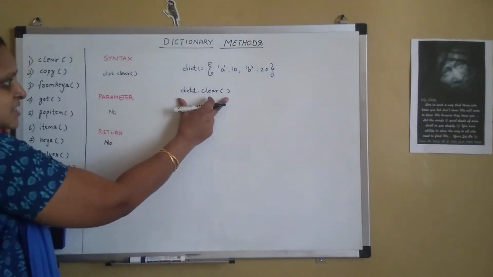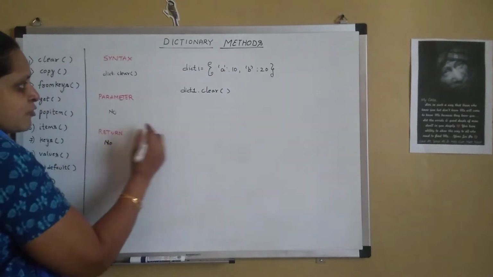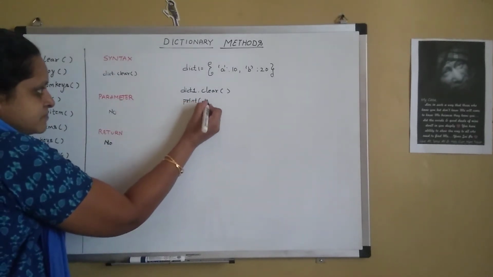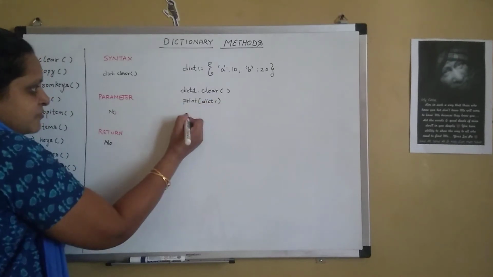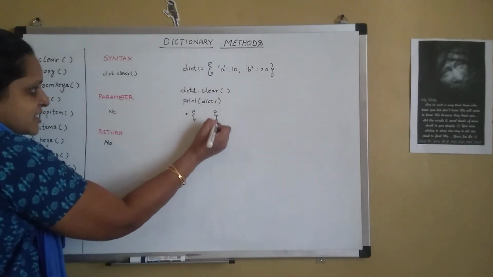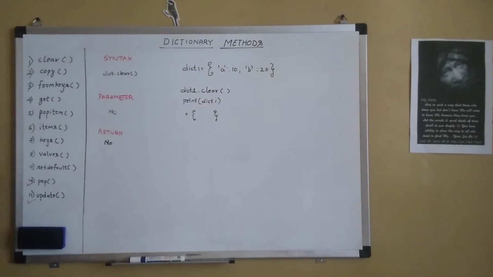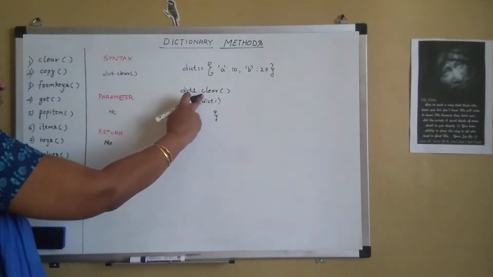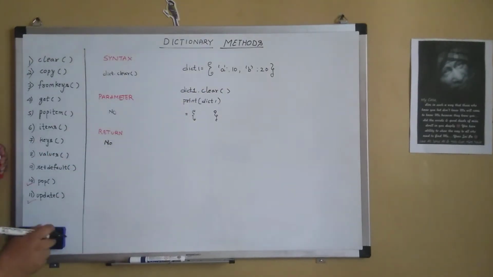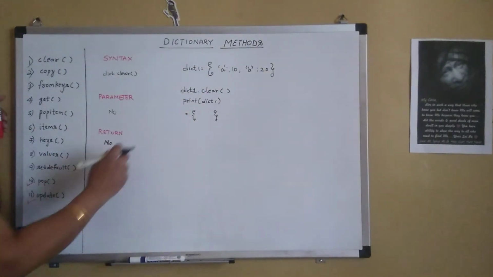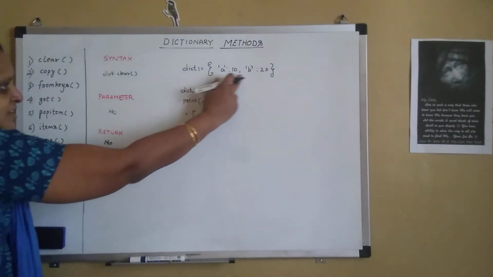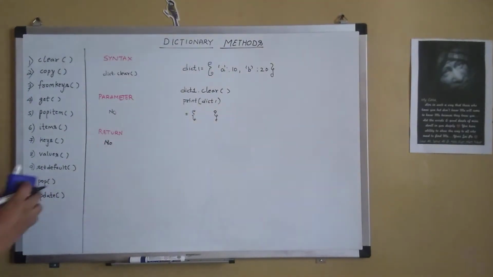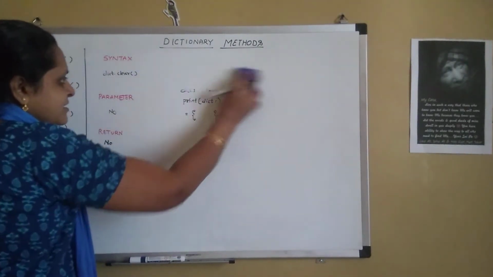When I give this statement, what will be the value of my dictionary? Let's print dict1. We get an empty dictionary, empty curly braces, indicating that the contents of the dictionary have been cleared after giving the clear built-in method. So basically it clears the contents of the dictionary. So this is the clear built-in method available in dictionary.